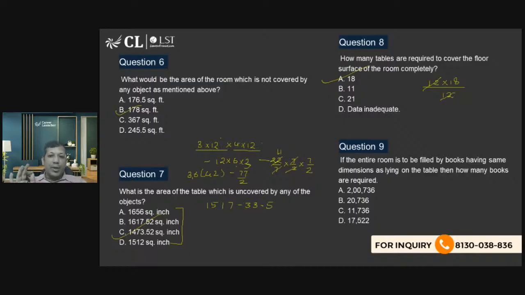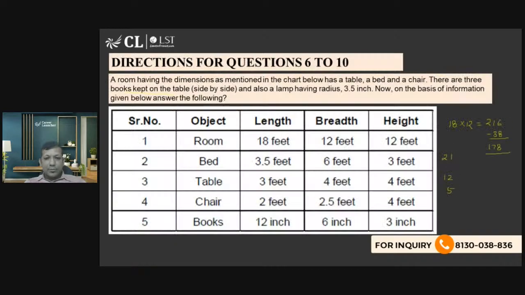Now, question number 9. I need to fill the whole room with books. How many books can I get? So, I am going to consider length, width, height. Total volume of the room is 18 into 12 into 12.